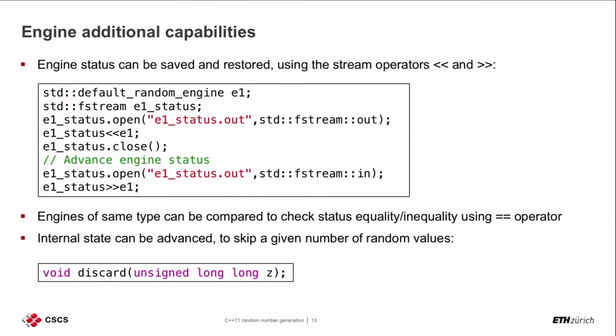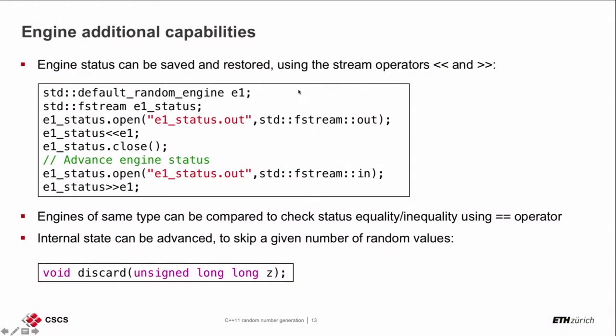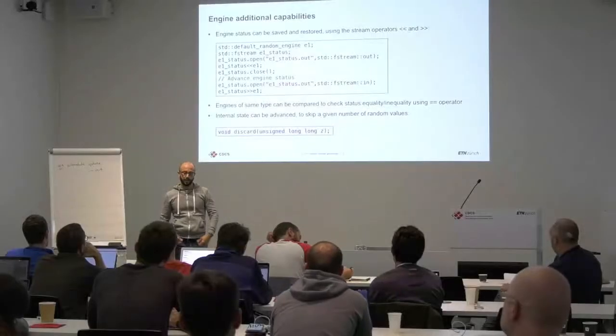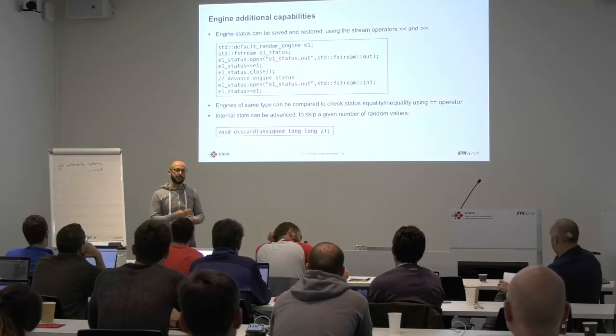The engines have some additional properties that I think can be important. Particularly the first one, you have the possibility to save and restore the status of the generator. This is interesting if you are doing a long calculation and you need to print a checkpoint file.